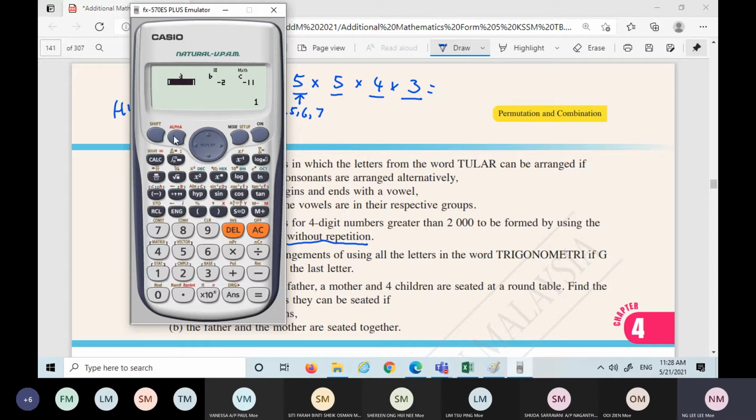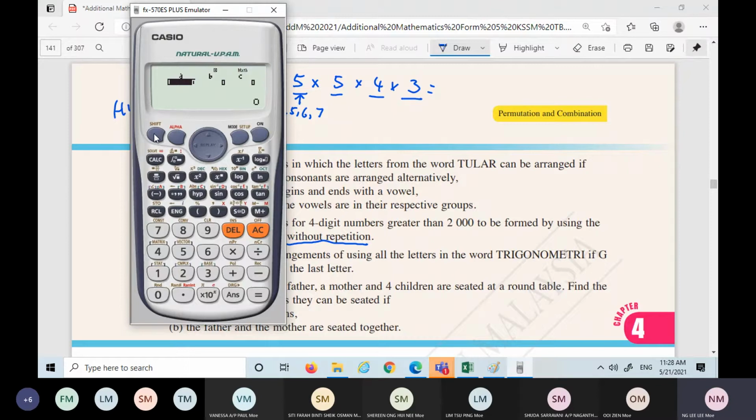Oh, how to clear all on this calculator? Anyone? Clear all. On? No? Off? No? Off. Oh no, how?